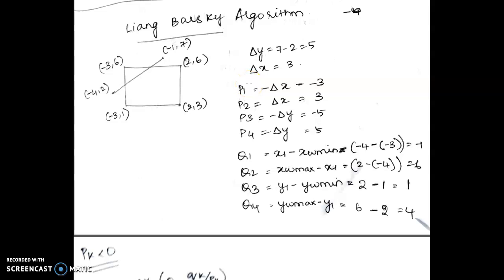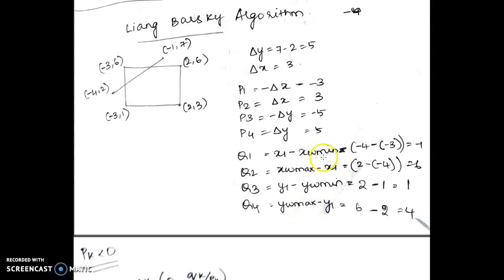So what we are doing is, we are finding 8 variables, namely p1, p2, p3, p4, q1, q2, q3, q4. p1 is minus del x, p2 is del x, p3 is minus del y, and p4 is del y. And q1 is x1 minus xw minimum, q2 is xw maximum minus x1, q3 is y1 minus yw minimum, q4 is yw maximum minus y1.